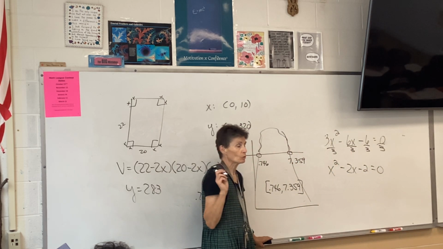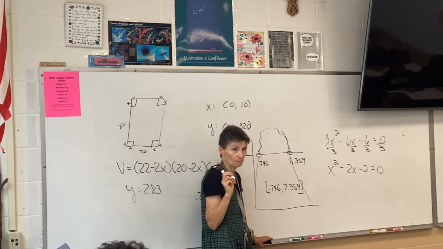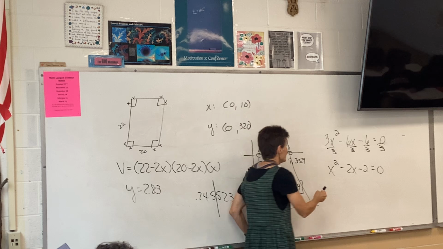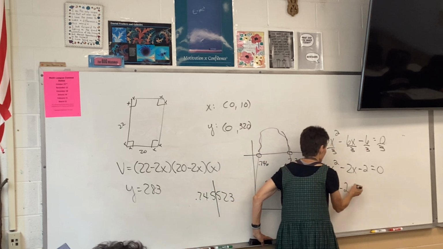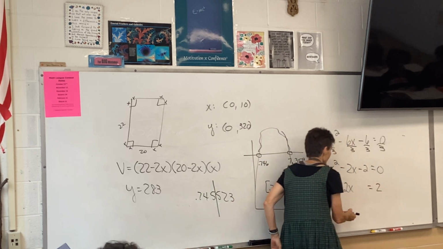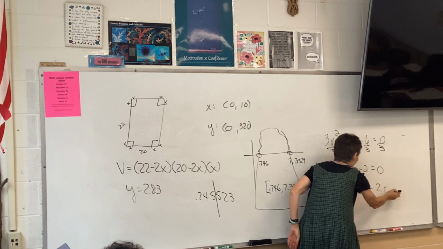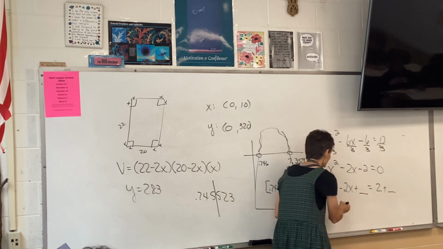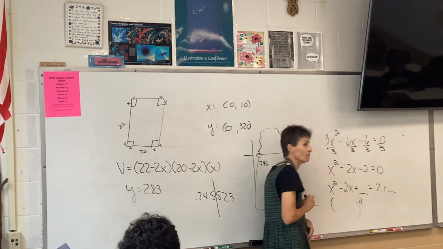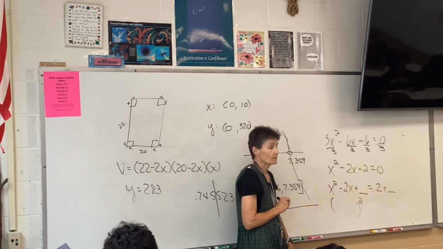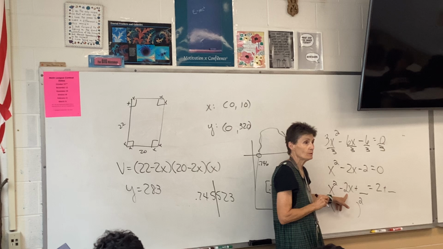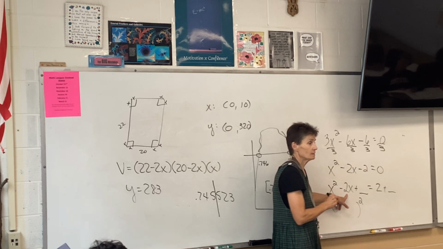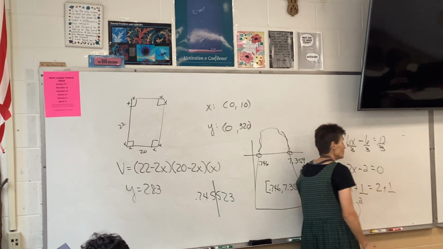Now, remember the circle problem we did a minute ago? We had to complete the square on the x's and the y's. We're going to do that exact thing. So I'm going to move the 2 over, and I'm going to figure out what number is going to go here that's going to make this a perfect square. So half of 2 squared is 1, not 2.